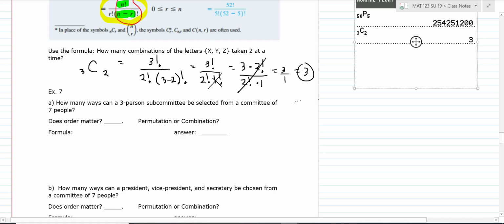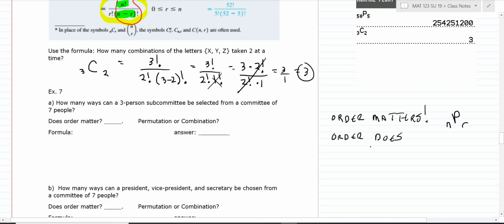If order matters, and this is a real big deal, this is what it's all about, then you have a permutation. If order does not matter, and you have to think about that and figure that out, then what you have is a combination. I'll give you some illustrations that will help you understand that better.